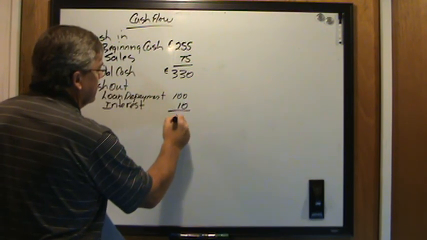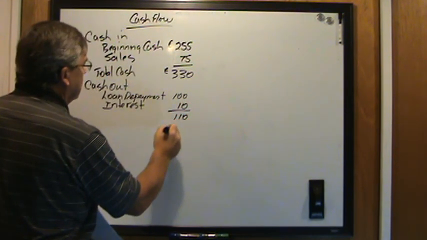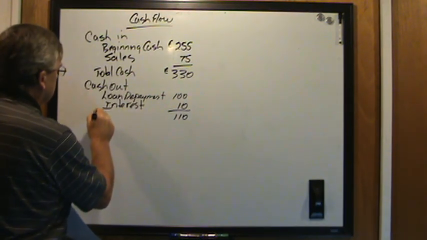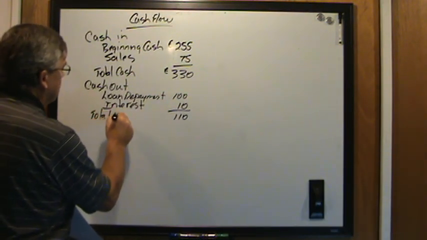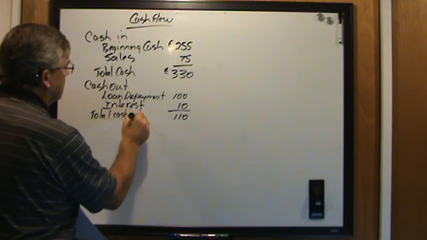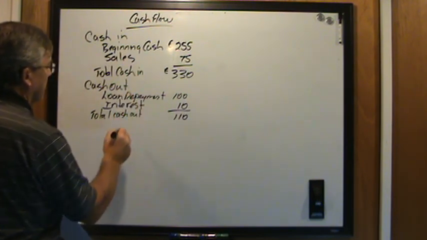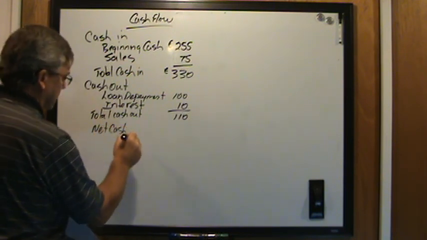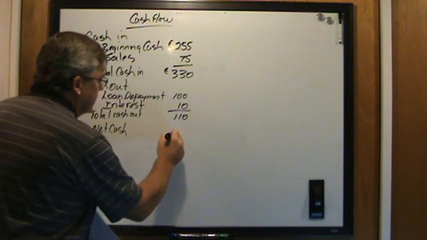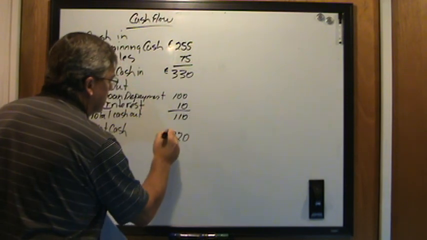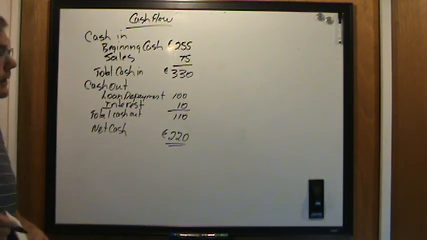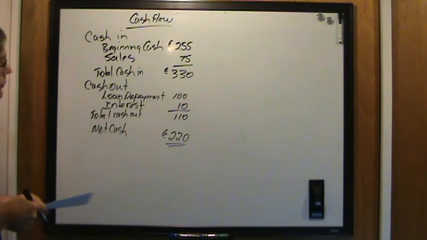So out goes 110, and the total cash out, so net cash, is 220 euros. Okay, that's the cash flow.